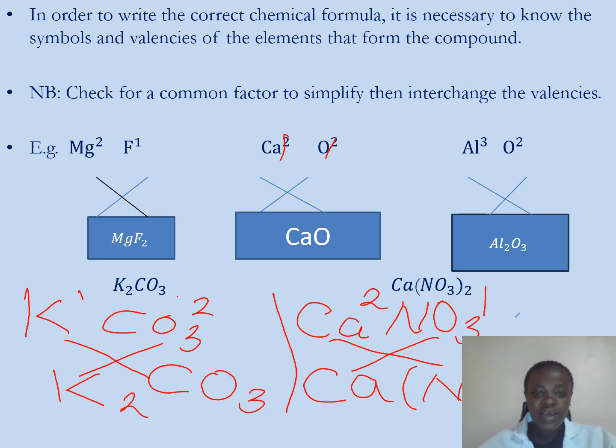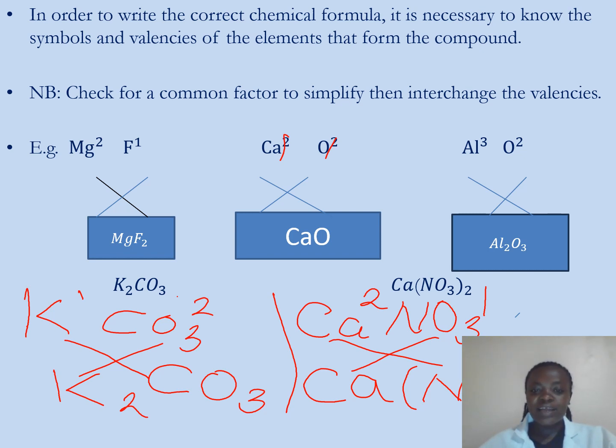That is why we are indicating this cross here, or using these lines here. They indicate the interchanging of these valences. Now the 2 will go to fluorine, and 1 will go to magnesium. We don't write 1. So now the chemical formula will be magnesium fluoride: capital M, small g, capital F, and 2 at the end there, or below fluorine.